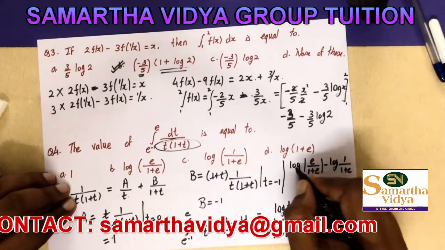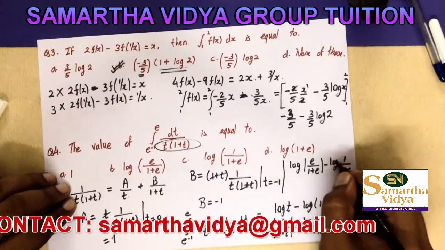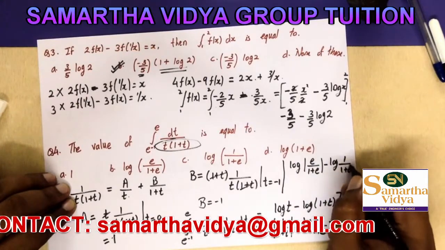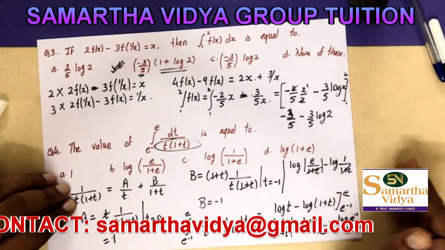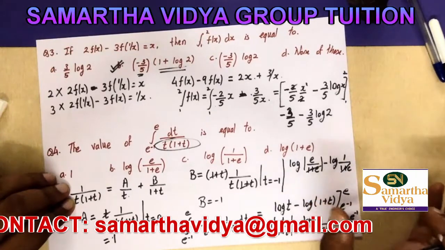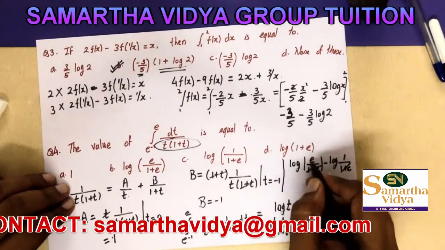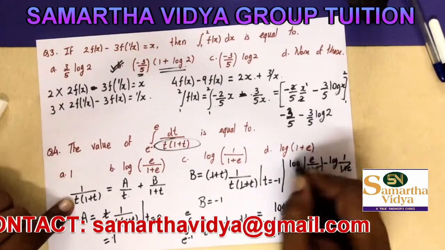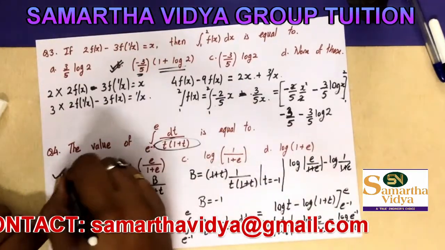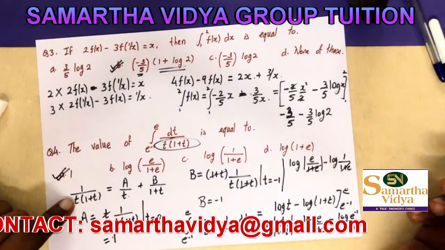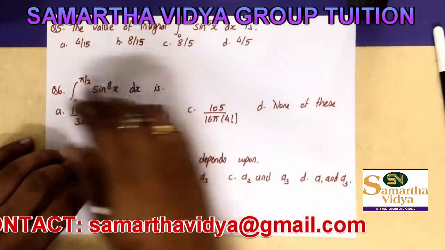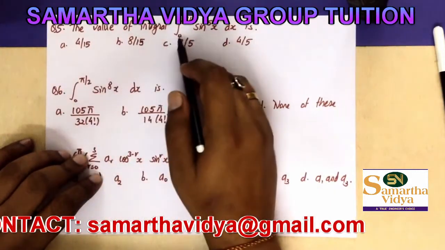So I'm getting log e upon 1 plus e minus log 1 upon 1 plus e. So this 1 plus e basically gets cancelled out using the log property, and I will be having the answer as log e, and log e is nothing but 1. So that's your answer.